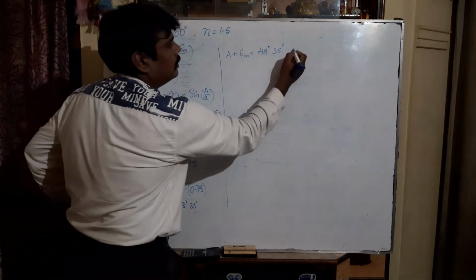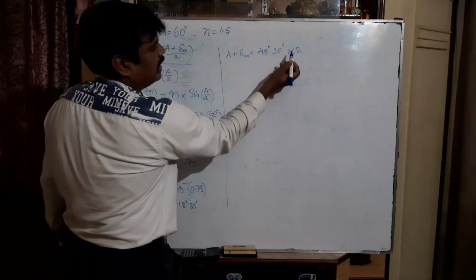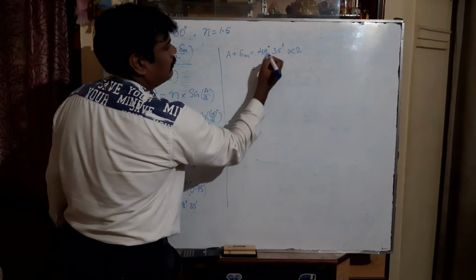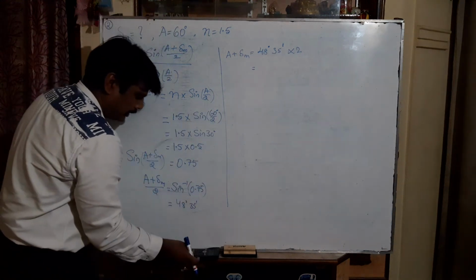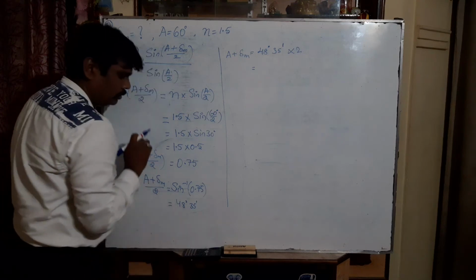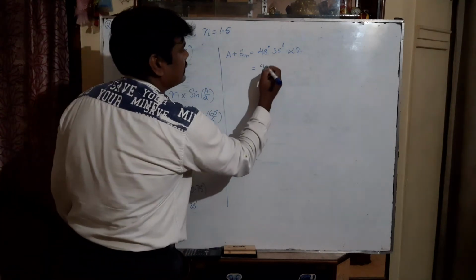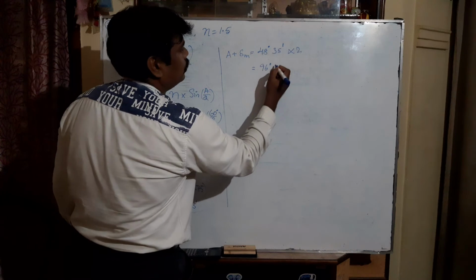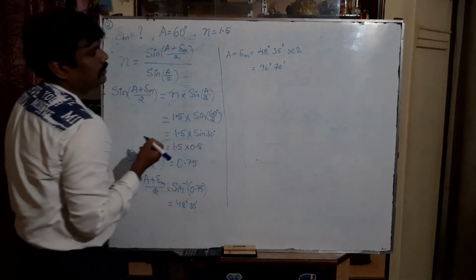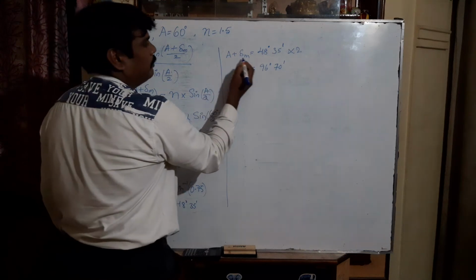While multiplying, this is very important: you multiply the 2 for both the values. 48 into 2 is 96 degree, 35 into 2 is 70 minutes. So this is the value of A plus delta m.